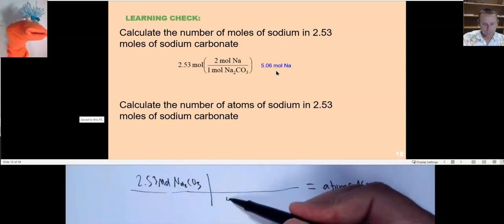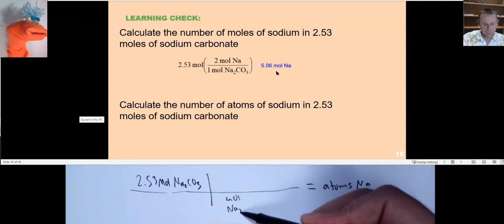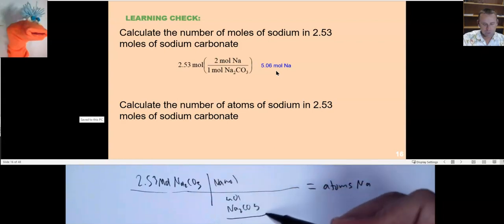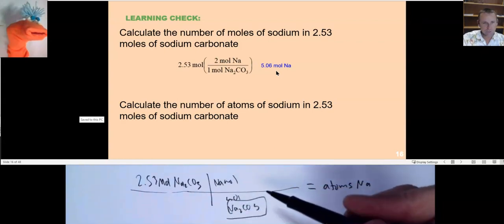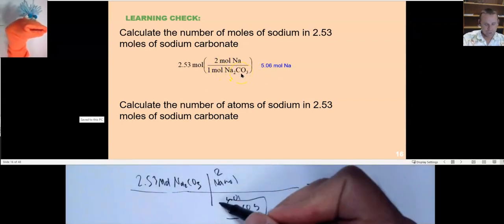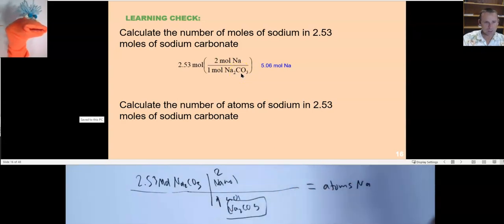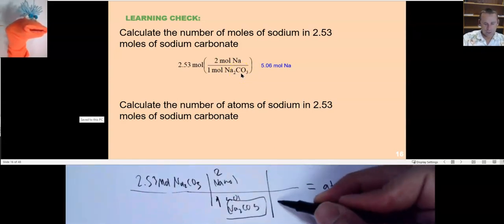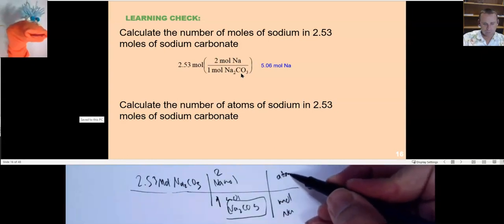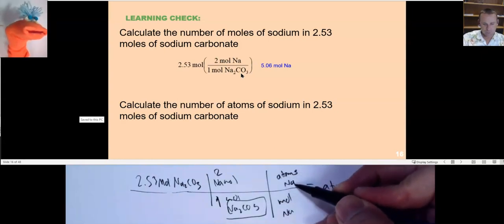And I can go from moles of sodium carbonate to moles of sodium again. How many moles of sodium for every unit of this? For every unit of sodium carbonate, there's 2 moles of sodium. And then I can go from moles of sodium to atoms of sodium.